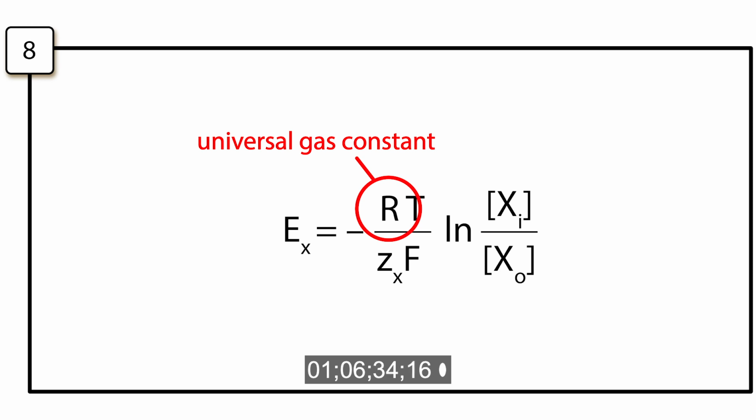These constants collapse to a value of minus 61.5 millivolts. And that's the electrical component. On top of that electrical component is the concentration gradient, which also is going to influence the final equilibrium potential.